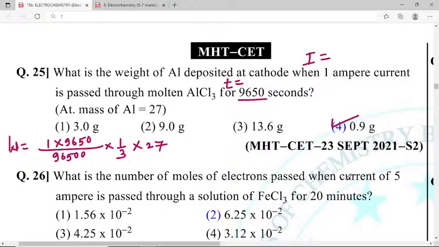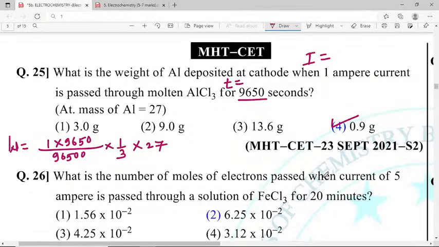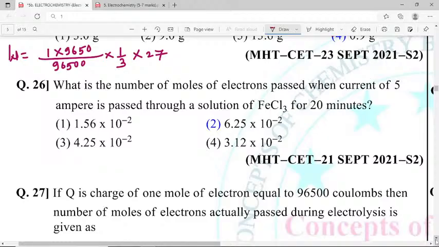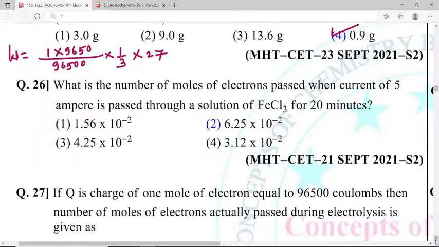Current in ampere, time in seconds, divided by 96500, multiplied by mole ratio into molar mass. Molar mass is 27. What is the number of moles of electrons passed through when current is 5 ampere, time 20 minutes? So this is 20 multiplied by 60 seconds.